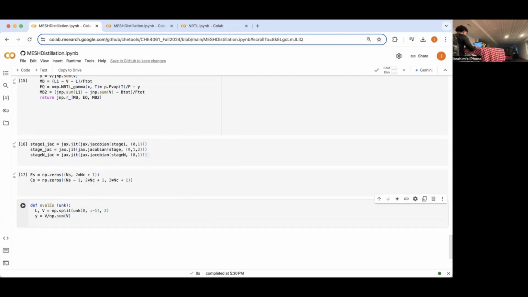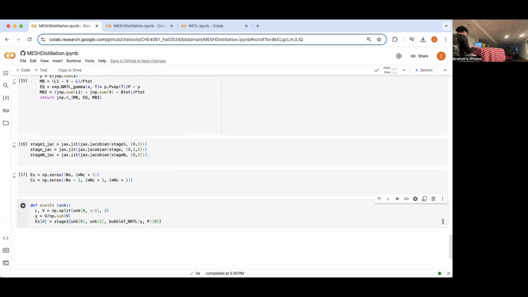Then we want to initialize our Es as a function of 0. Doing this, we're going to set this equal to essentially our stage 1 first off, so stage 1 as a function of unc 0 and then unc 1, where unc 1 is as a function of our bubble T, our NRTL function, so NRTL is a function of y and total P. Then this one will grab our zeros here.